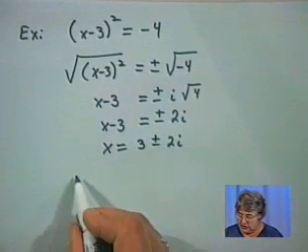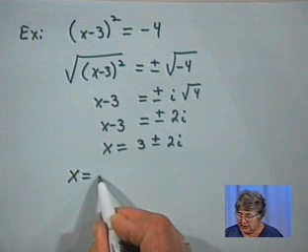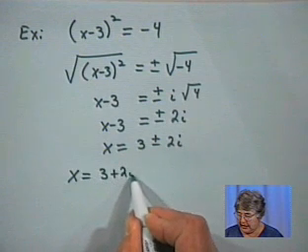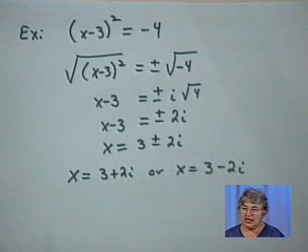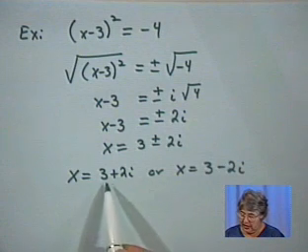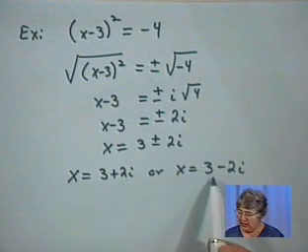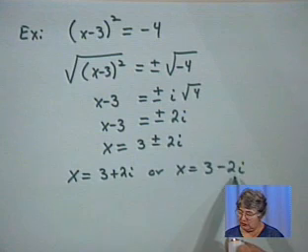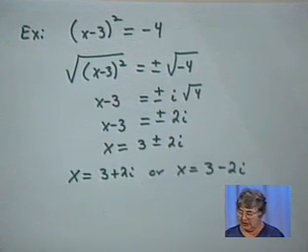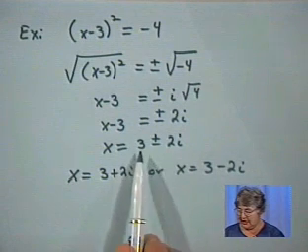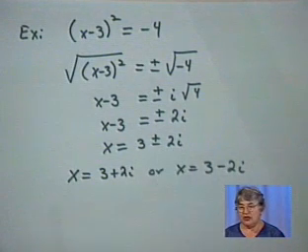Okay, so the solutions then are either x equals 3 plus 2i or x equals 3 minus 2i. The 3 and the 2i cannot be combined because those are not like terms. So we do have one solution 3 plus 2i, the other 3 minus 2i, and you can express those in one compact way by saying this is 3 plus or minus 2i.